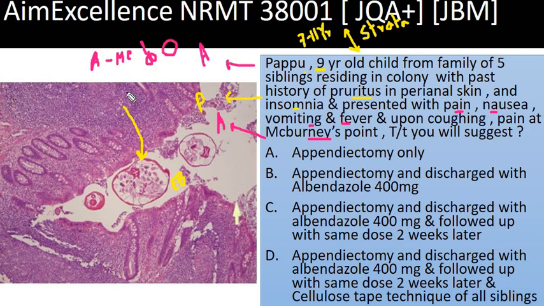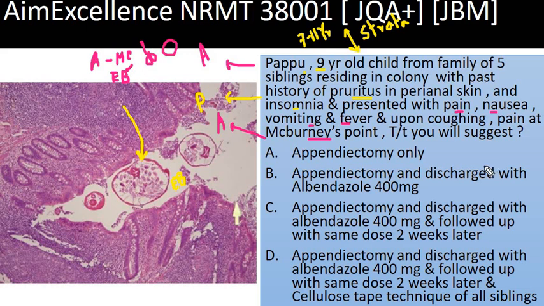And Enterobius vermicularis, though it's not a common finding, is among the parasites the most common associated with appendicitis. Also Ascaris lumbricoides and others are there, but Enterobius vermicularis is the most common finding.